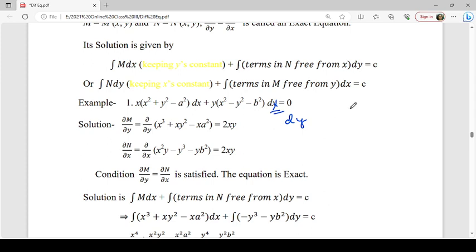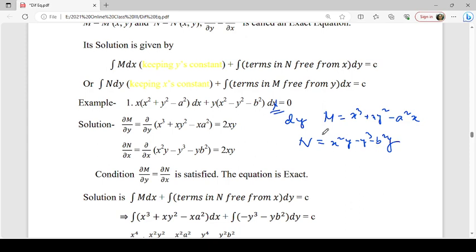So M is x cube plus xy square minus a square x, and N is the coefficient of dy, it is x square y minus y cube minus b square y.